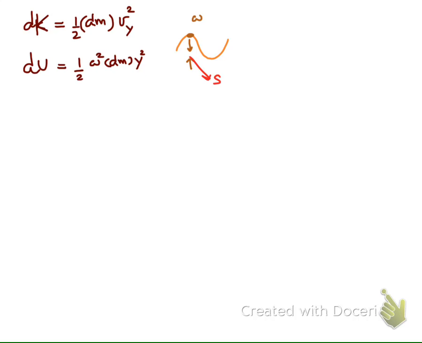this motion is simple harmonic motion, so we can model the motion of the medium here as the oscillation of an object of mass dm attached to a spring with spring constant equal to omega squared times the mass of the element dm.